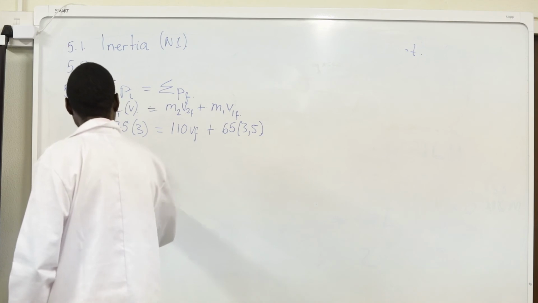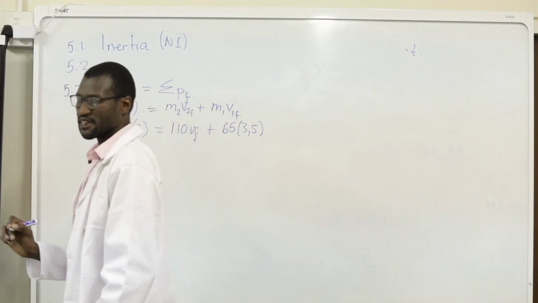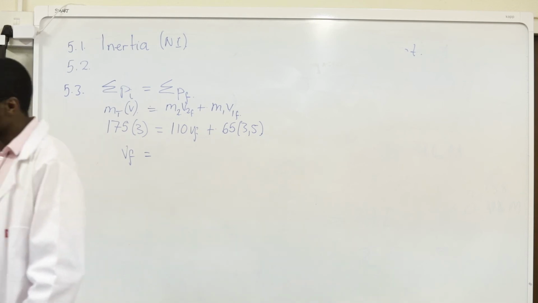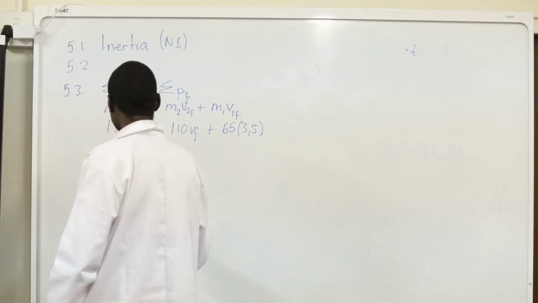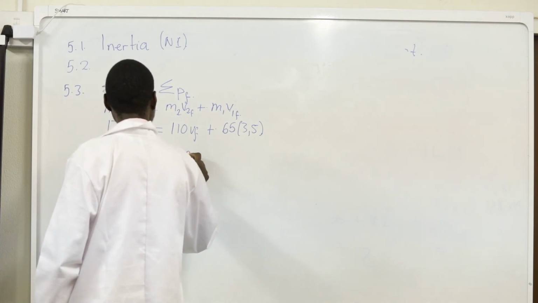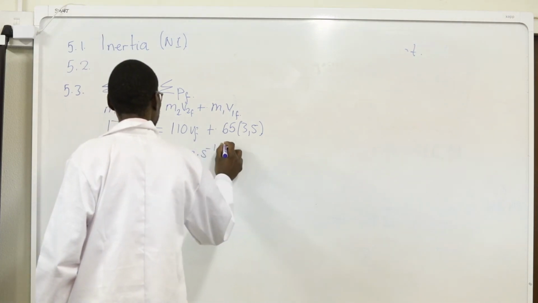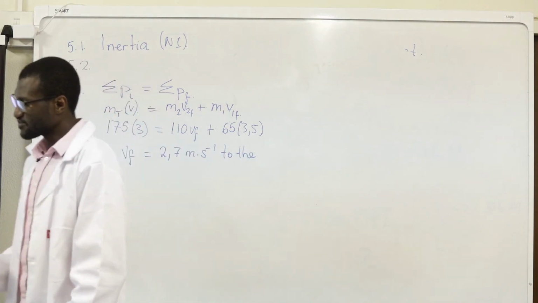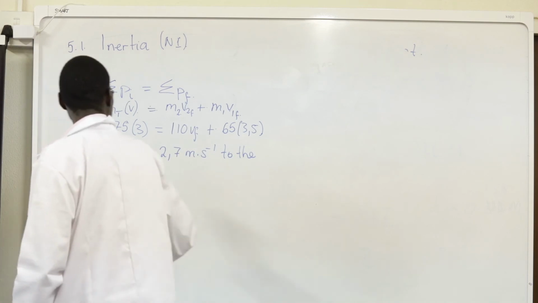If you got your calculator out, you can see that the value of the velocity to the right is 2,7 meters per second to the right direction.